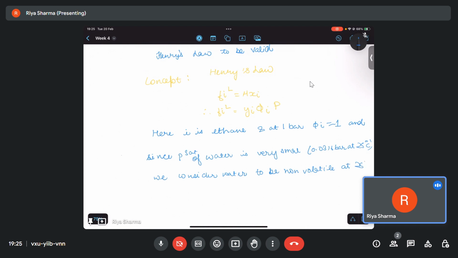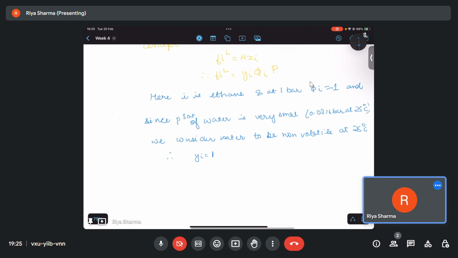At 25 degrees Celsius, therefore Yi is equal to 1. So P equals H into Xi, which implies H equals P by Xi, that will be equal to 0.33 into 10 raised to power minus 4, equals 3 into 10 raised to power 4 bar.